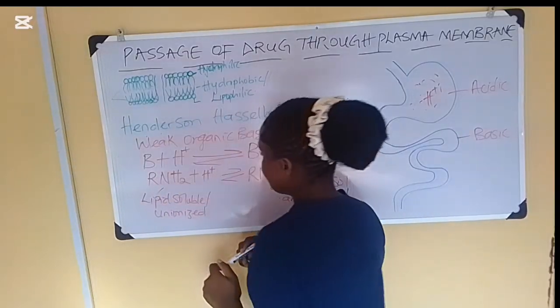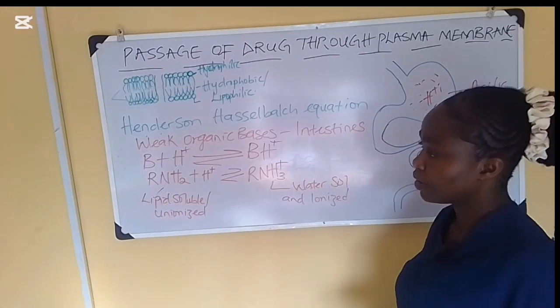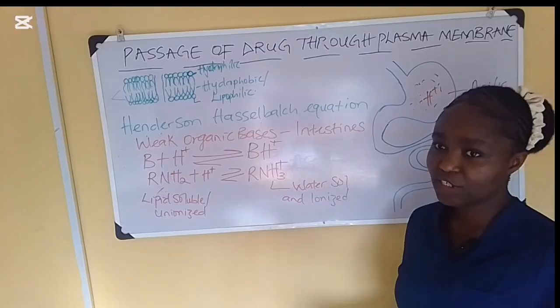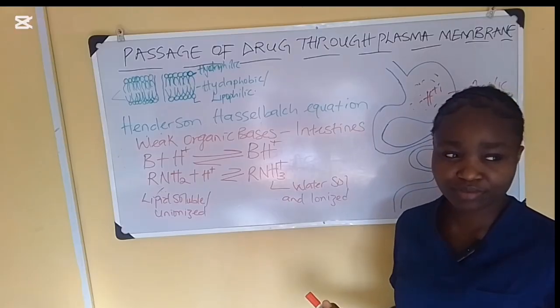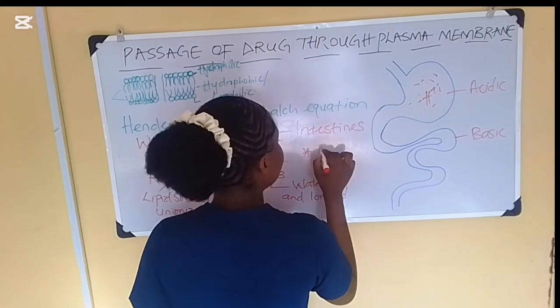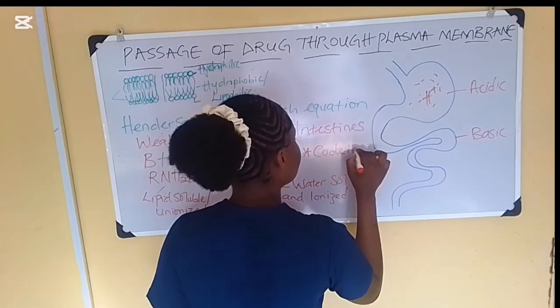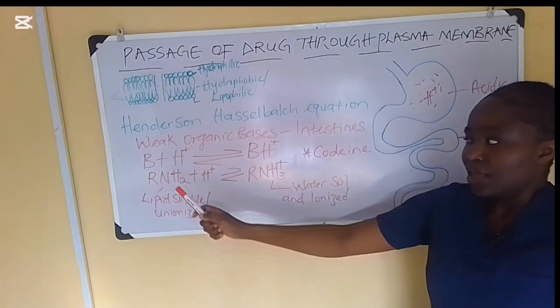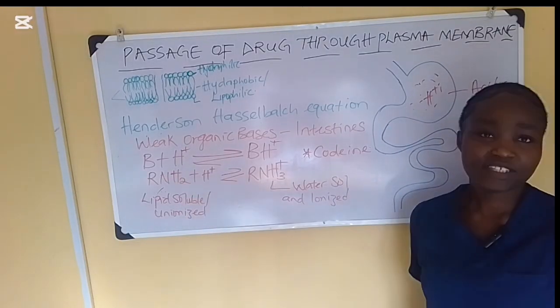Now let's make this make sense. When you take in a basic drug, for example codeine, which is a basic drug, this is the drug in its lipid soluble state.